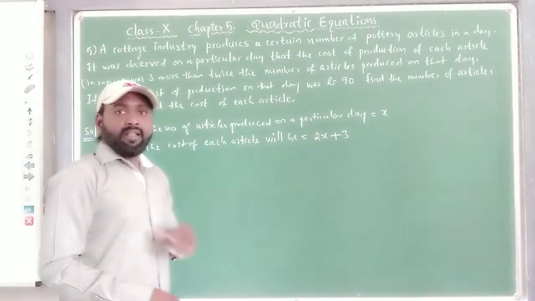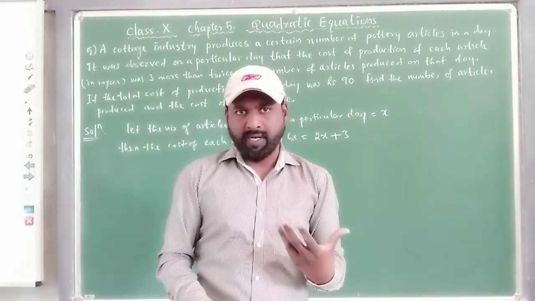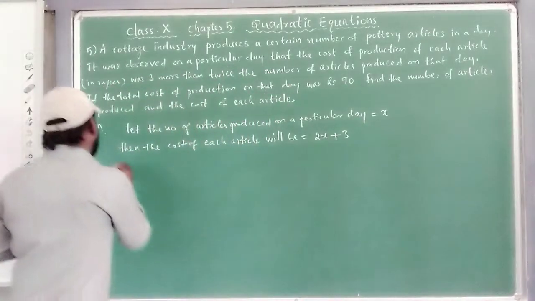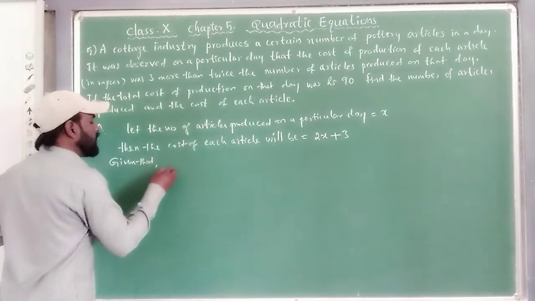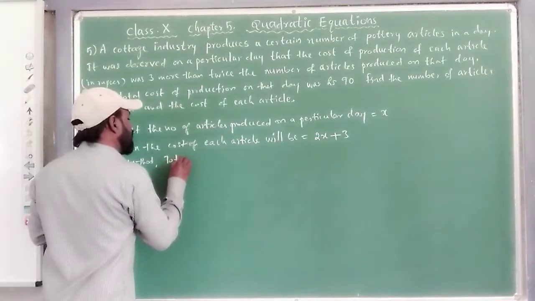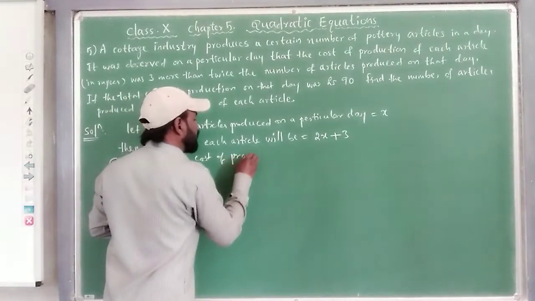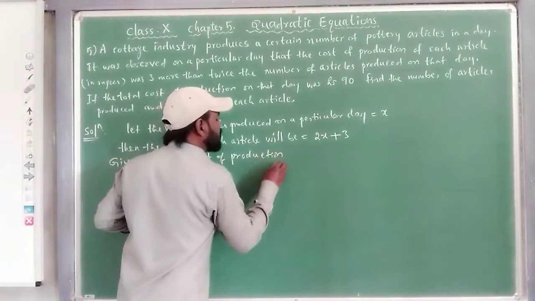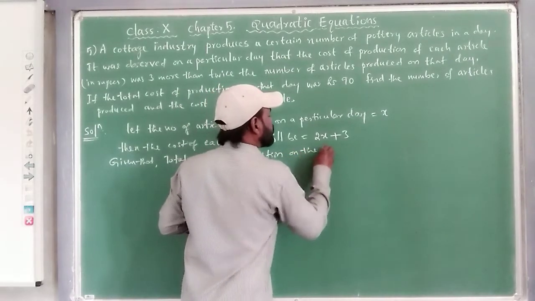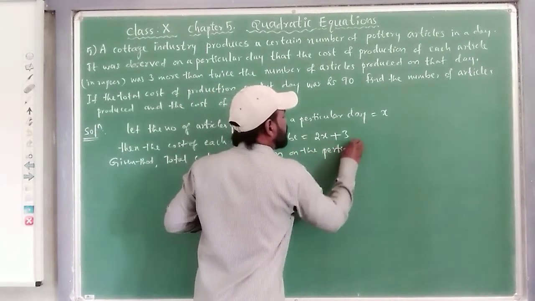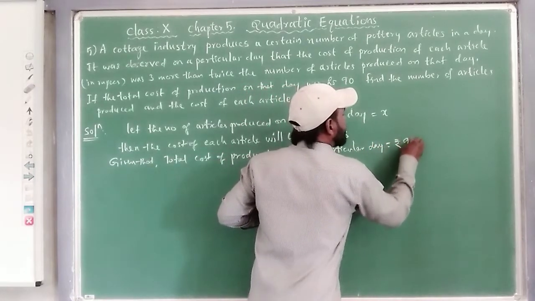On that day, the total cost, how much? The cost of production on the particular day is given in the question. Given that the total cost of production on a day, on that particular day, when it was observed, it is rupees 90.